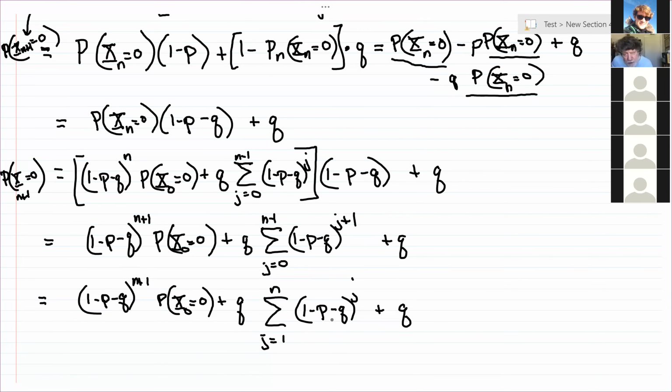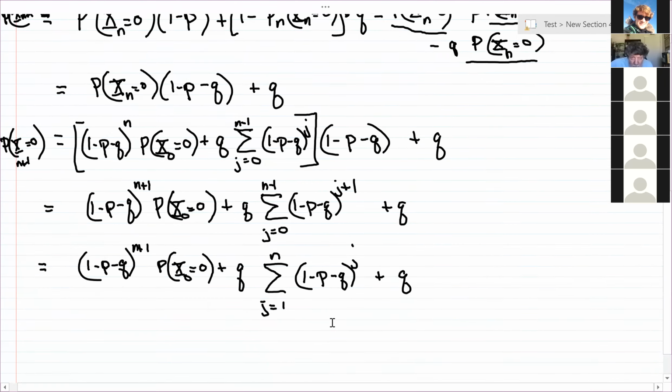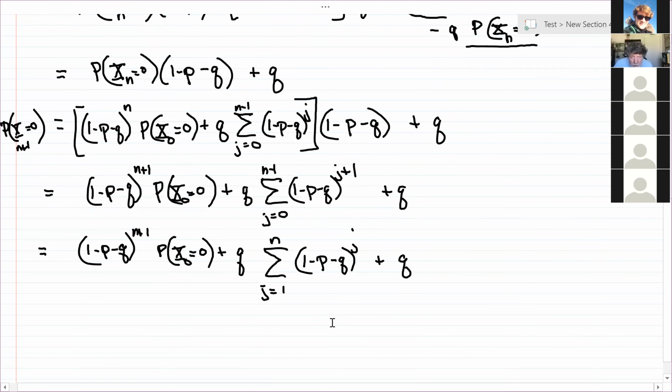It's re-indexing it. And now you can actually combine this term with this sum. Because if you let j start at 0, then what's inside would be 1 minus p minus q to the 0, which is just 1. And 1 times q is q. And so that first term would be the q out here.